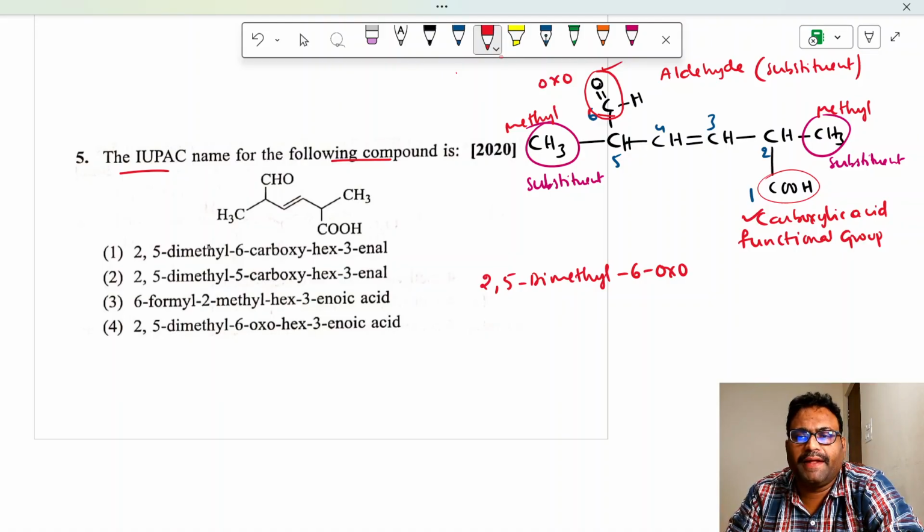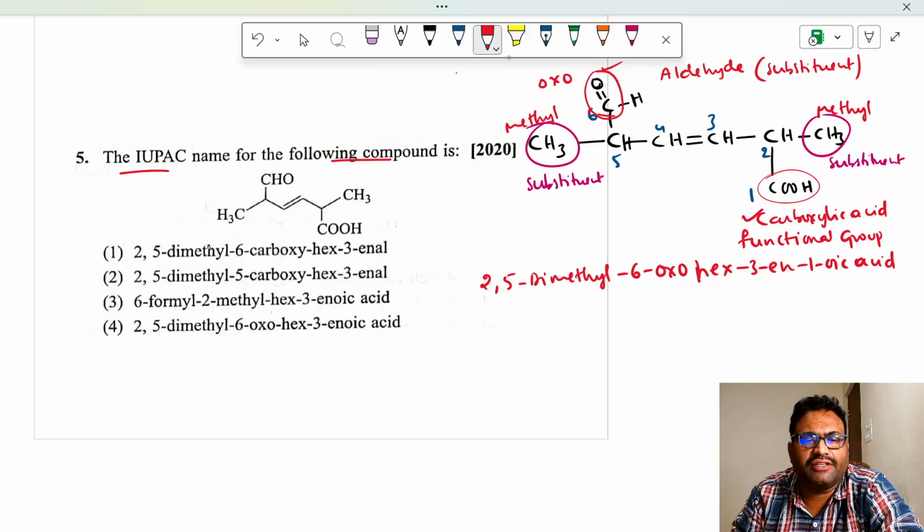And the parent chain contains 6 carbon atoms, so hex. At the 3rd carbon atom, you find a double bond, ene. You remove this e because the next word starts with o, a vowel. 1-oic acid. So this will be the answer: 2,5-dimethyl-6-oxohex-3-enoic acid.